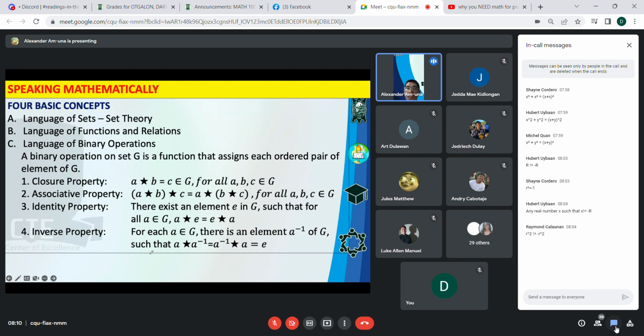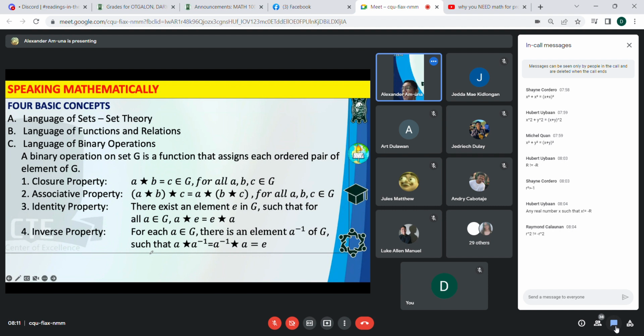So 4 times 1 is 4. Negative 1 half times 1 is still negative 1 half. So whatever number that is, if you multiply that with 1, the result will still be the same number. That's why it says there A star E is equal to E star A.